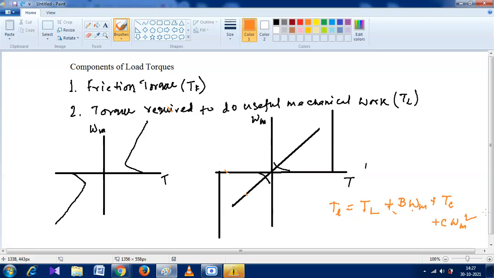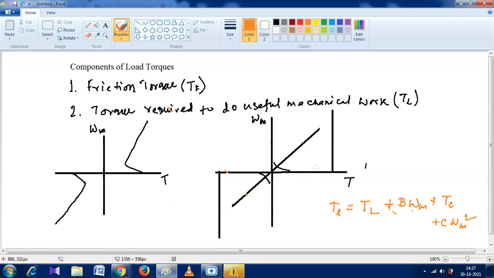And another is the windage torque, which is proportional to the square of the speed. In many cases we neglect Tc plus C omega square, because the Tc and C omega square parts are too small.